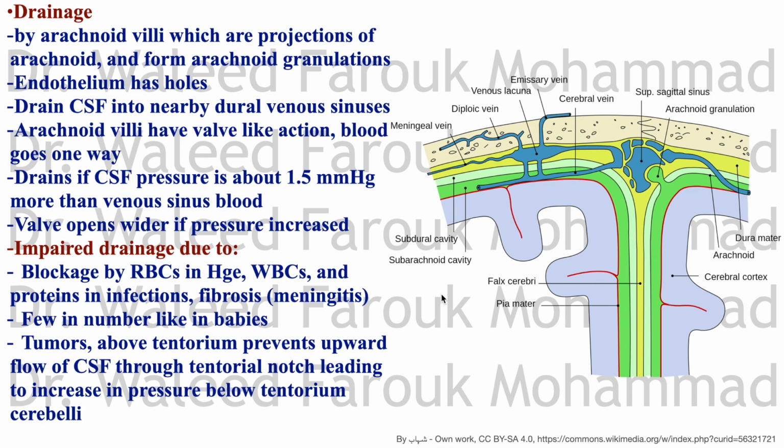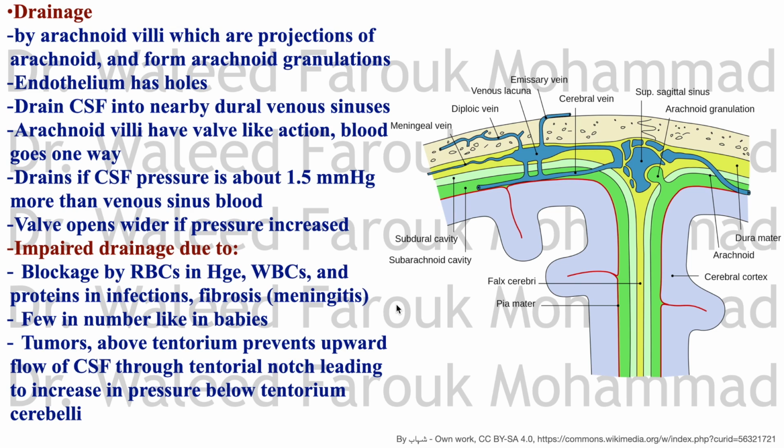Okay, impaired drainage is due to blockage by RBCs in hemorrhage, for example, white blood cells and proteins in infections, and fibrosis post-meningitis. That's why the complications of meningitis involve hydrocephalus if obstruction occurs at the drainage site.